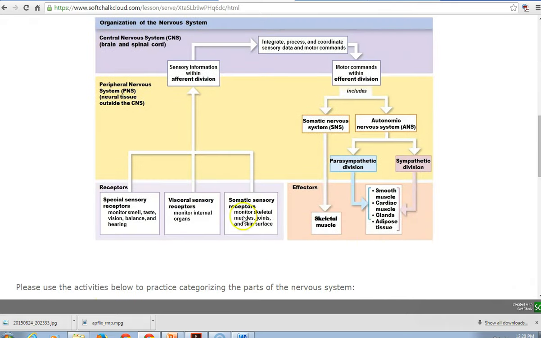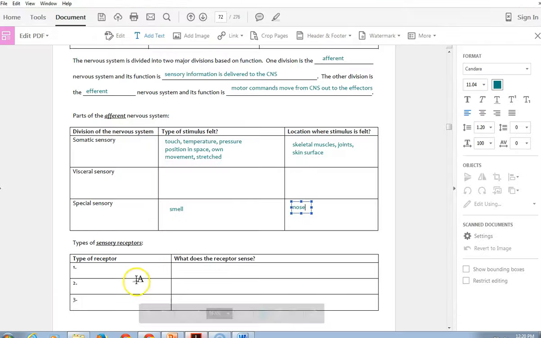So let's keep moving through here. These are the different types of sensations that can come in. One thing I want to talk about is that we're going to have specific receptors that pick up these sensations. Okay?